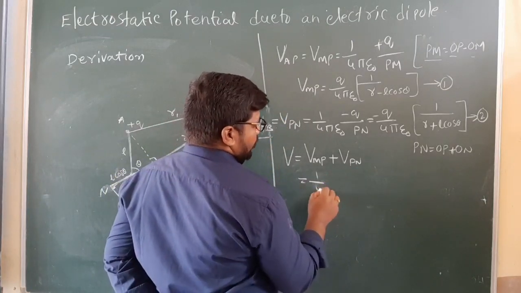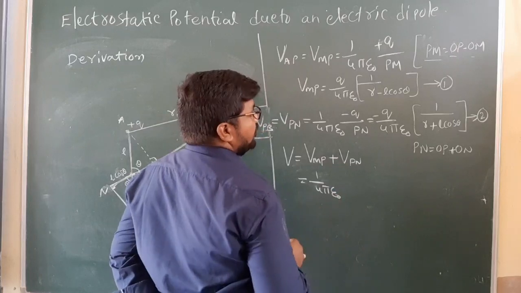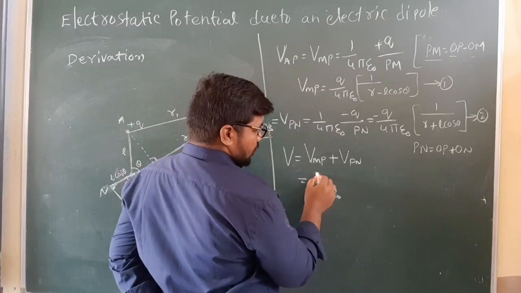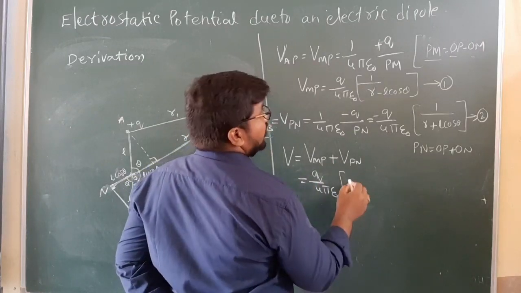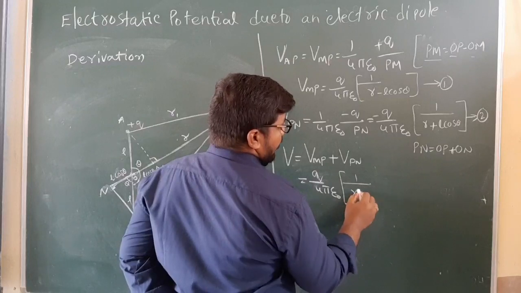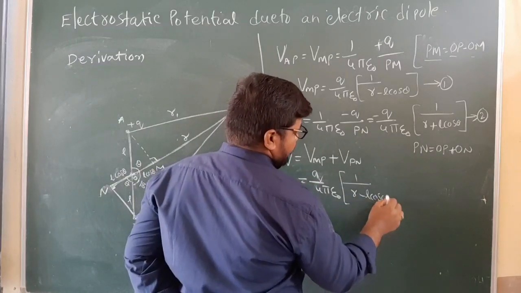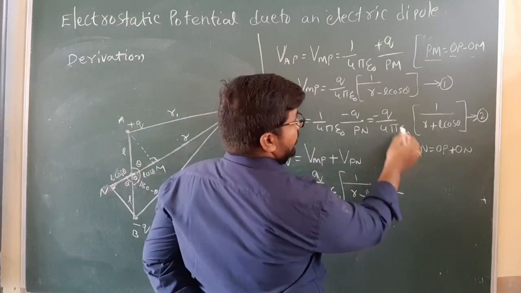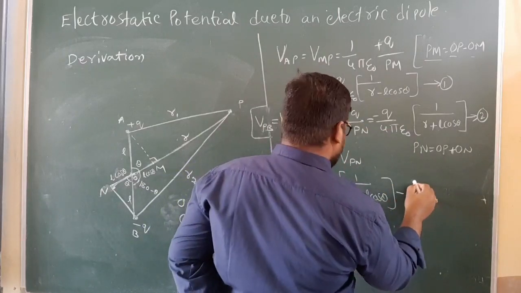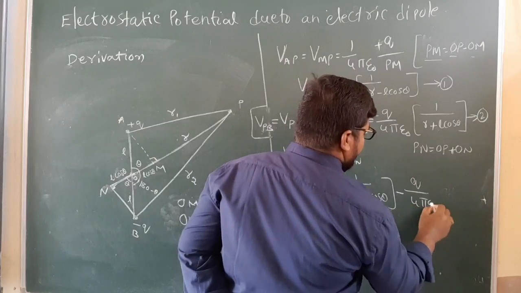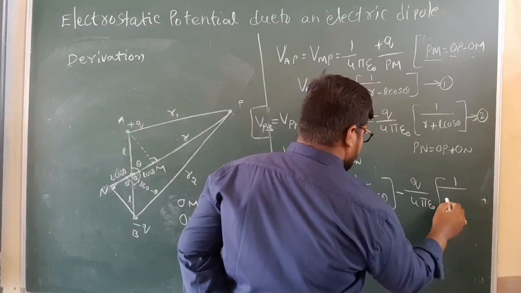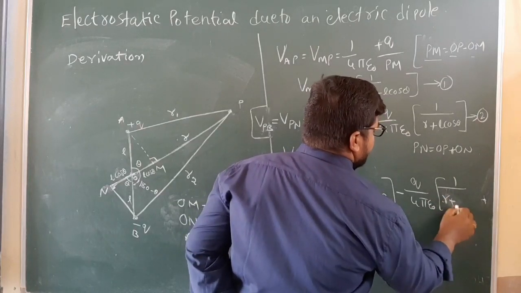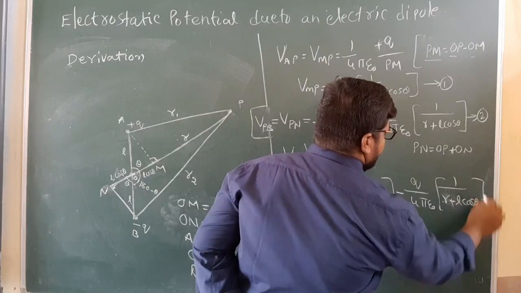See here, 1 by 4 pi epsilon naught, so here Q we have to take common: 1 by R minus L cos theta, minus Q by 4 pi epsilon naught, 1 by R plus L cos theta.